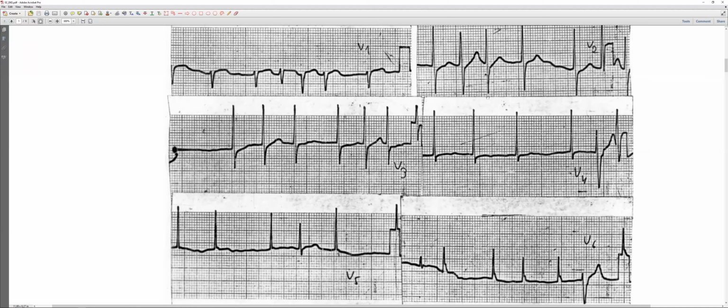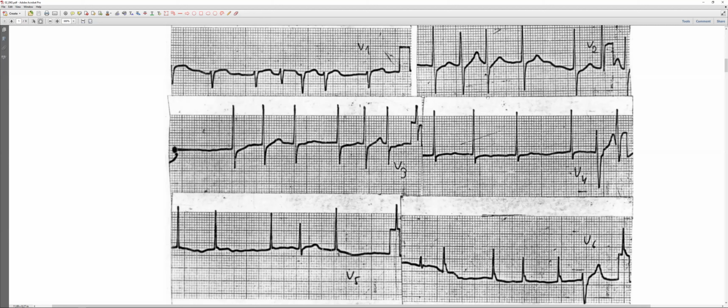But what else do we see? Not the ST deviation, but the tall R wave that you do see.